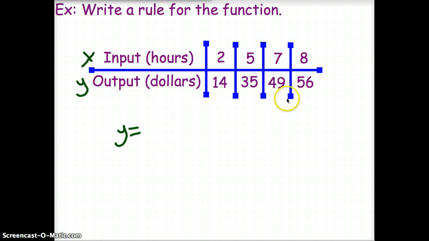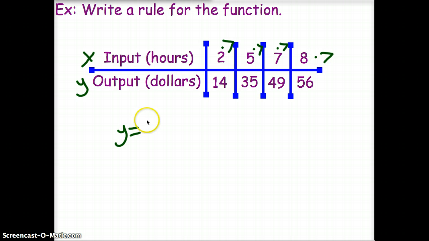Those are all multiples of 7. So let's see if something will work with a 7. 2 times 7 is 14. 5 times 7 is 35. 7 times 7 is 49. And 8 times 7 is 56. So that all works out.